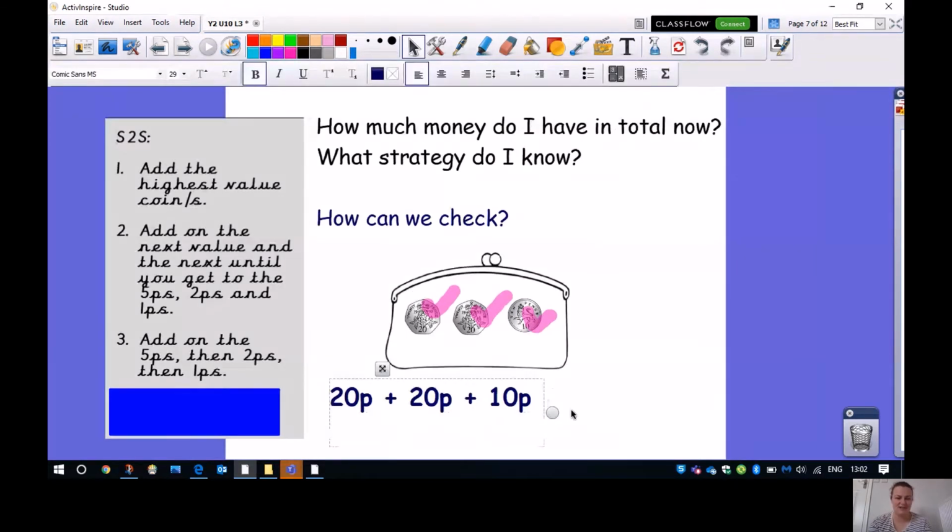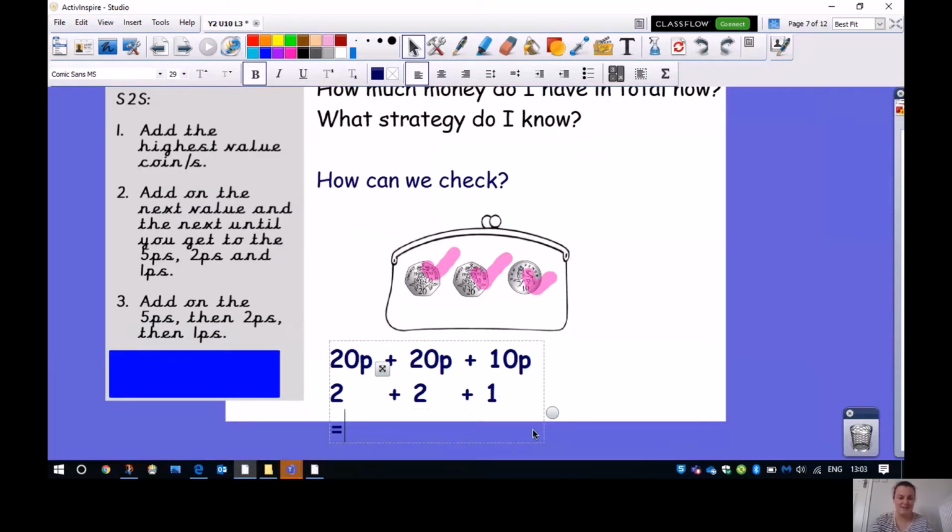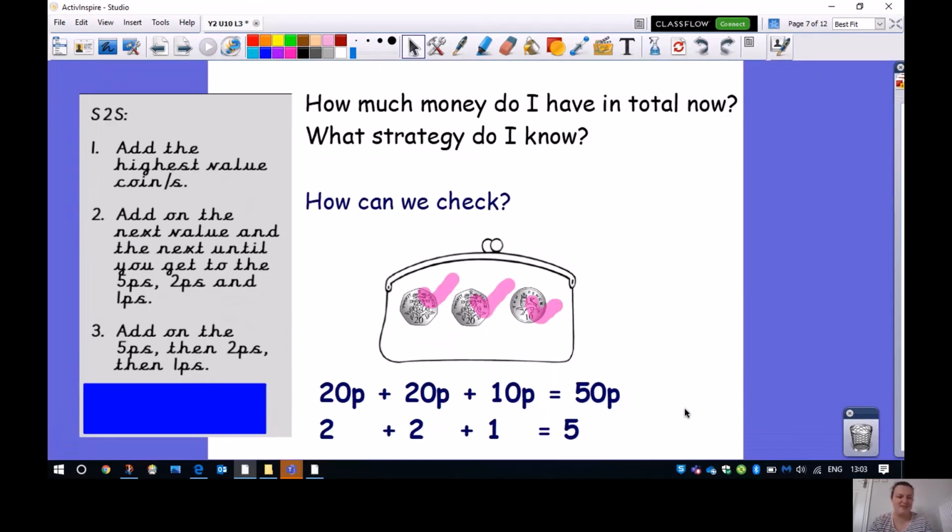If I know that 2 add 1 equals 5, then I also know that 20 add 20 add 10 equals 50. So the answer is 50p. If I had only 5p's, 2p's, and 1p's, I would then add those on.